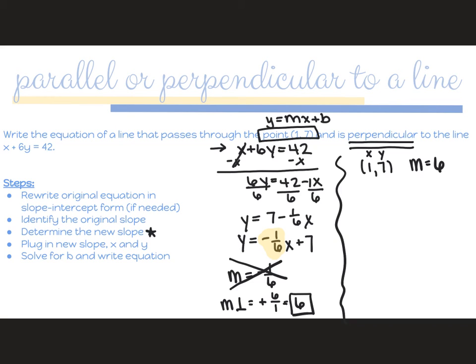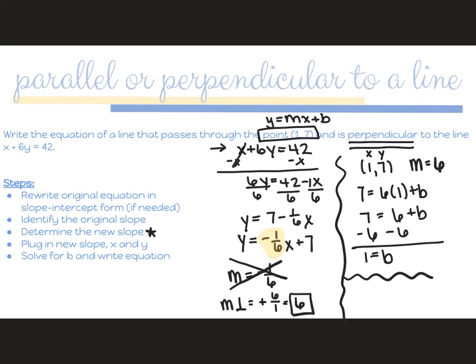So I plug all of that into y equals mx plus b, so 7 equals 6 times 1 plus b, and I start solving for b. b equals 1, and once I have that, I plug in my new slope and my new y-intercept. So y equals 6x plus 1.